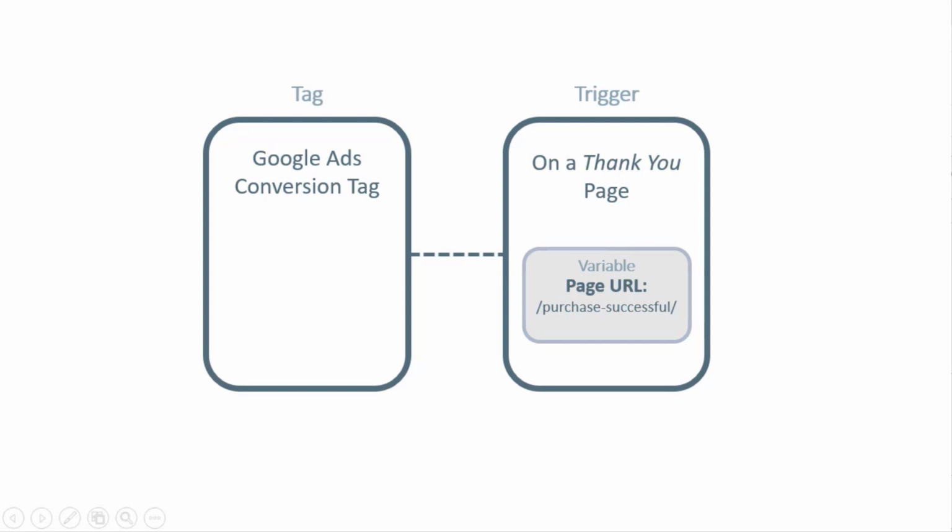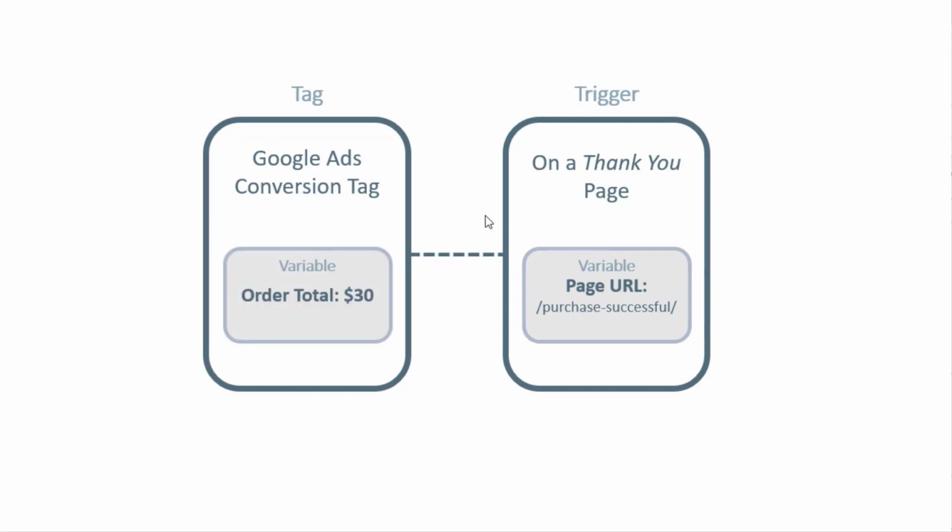Now you might be wondering, all right, this looks quite clear. I mean, you can probably understand why this variable is used right here, but what about a variable in a tag? What kind of variable can we use in a tag and make use of it? An example could be like this. What if we could send not only the fact of a conversion to Google Ads, but also the order value?